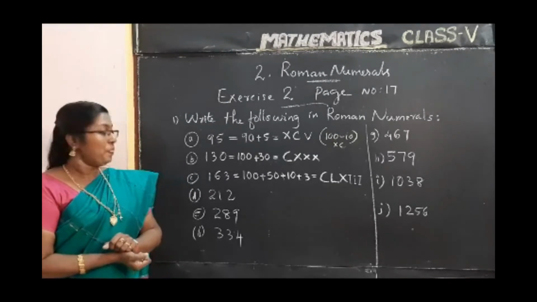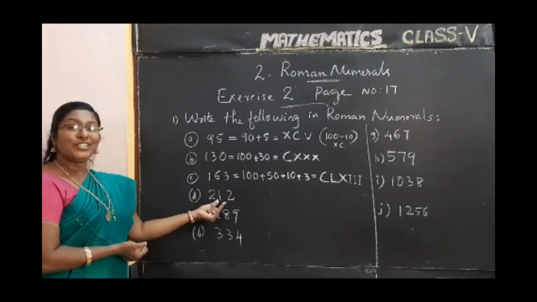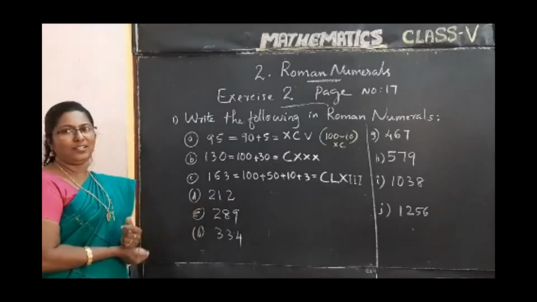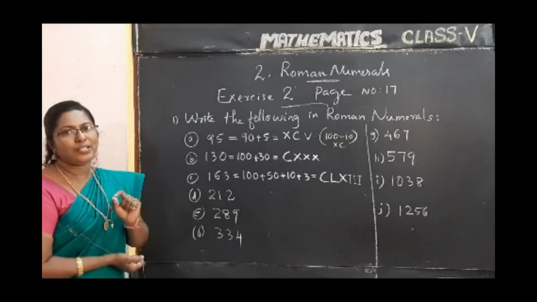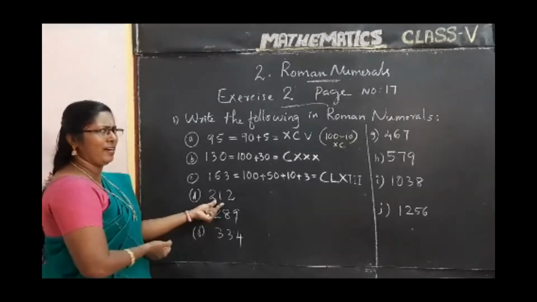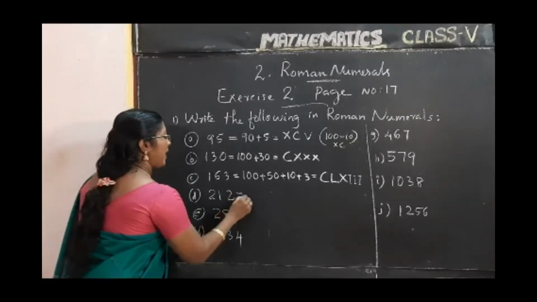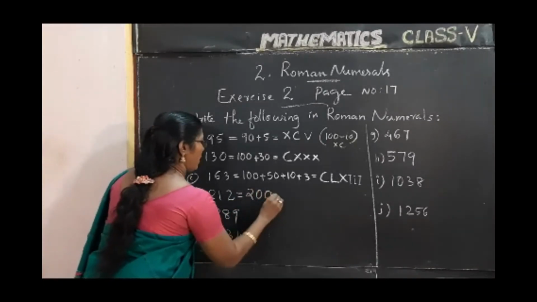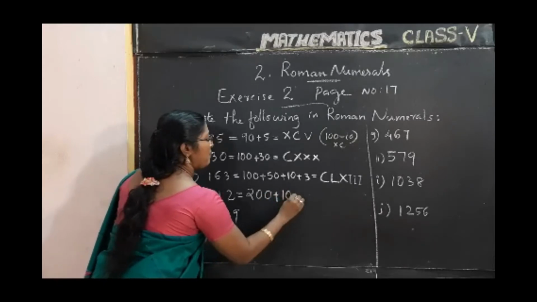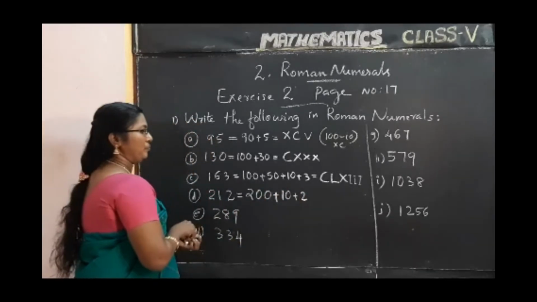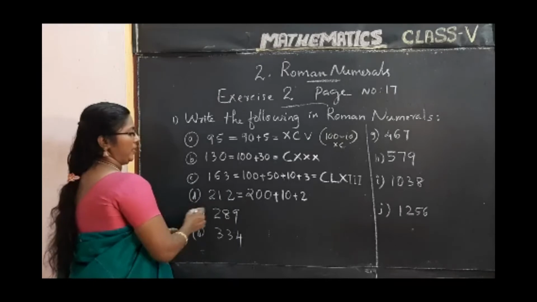Okay. The next question, 212. Here the 200. That means 100 plus 100, isn't it? So, it can be split up as 200 plus 10 plus 2. Okay, here 200.